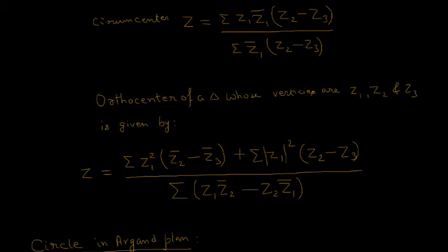Circumcenter z is equal to sigma z1 z1 dash bracket z2 minus z3 upon sigma z1 dash bracket z2 minus z3.